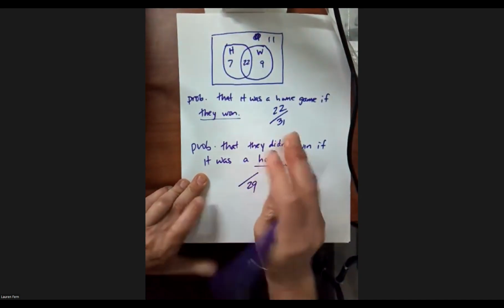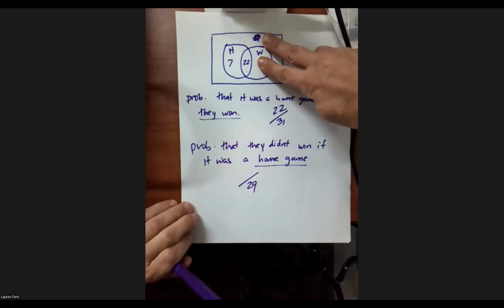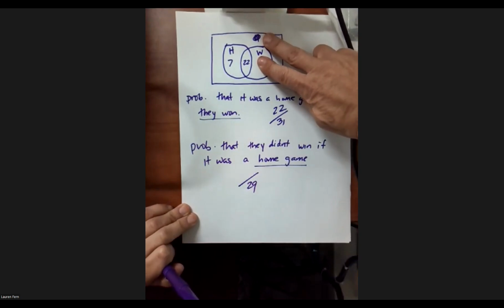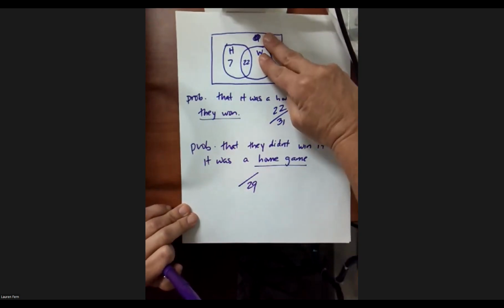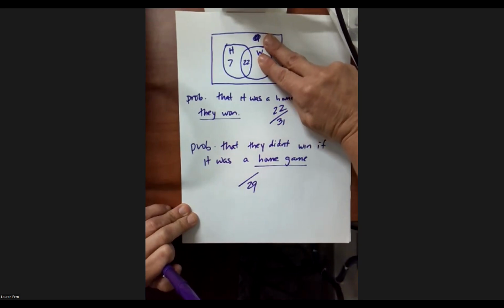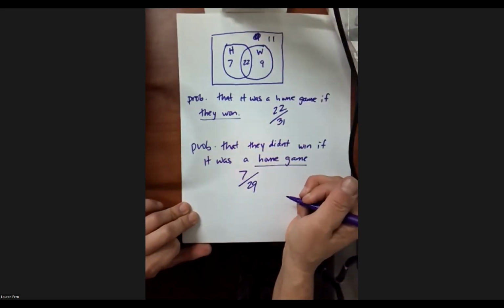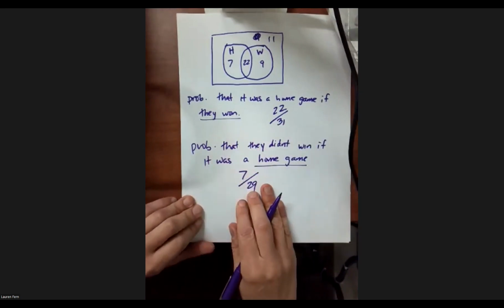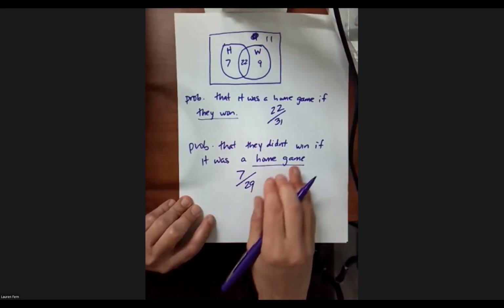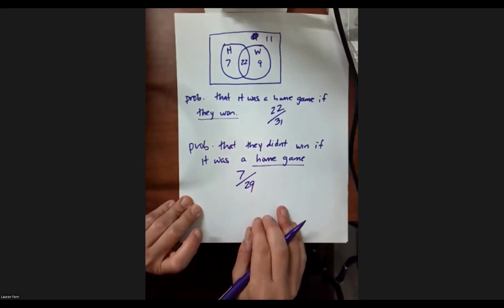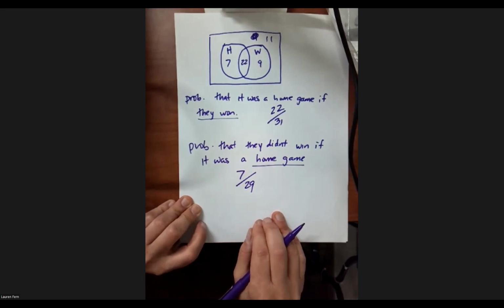That's 29. Of those 29 games that were home, we're interested in the ones that they did not win. How many is that? 7. So remember, with these Venn diagrams, when you have a conditional, what you need to do is first reduce your sample space. Cool?